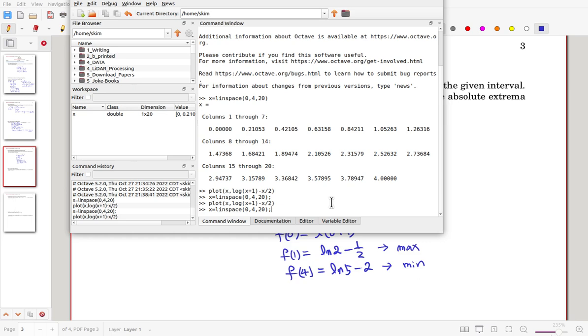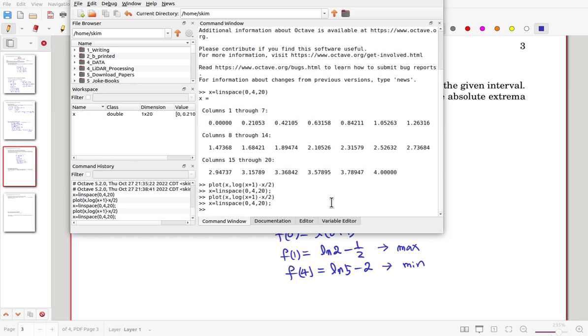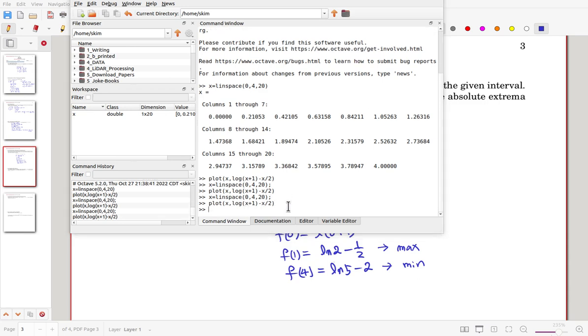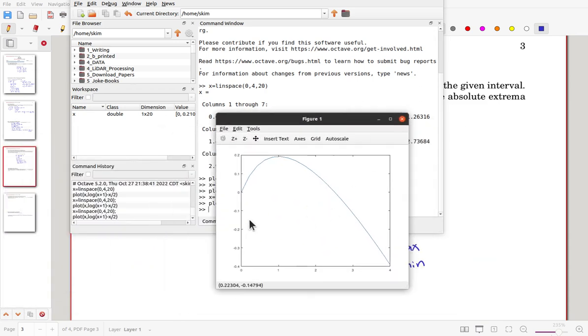Along with that, we want to make a plot of x and logarithm of x plus 1 minus x over 2. If we run it, you can see it in this way. At 0, the value is 0 on the boundary. At 1, we have a maximum value, an absolute maximum. And at 4, that is a negative value, so that is the absolute minimum.